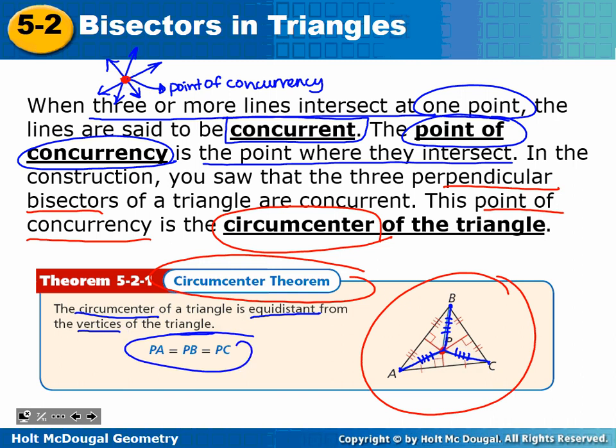PA is the same as PB, is the same as PC. So up here in my picture, I'm going to draw that in. This is my circumcenter theorem. It says the distance from the circumcenter to a vertex is the same length.